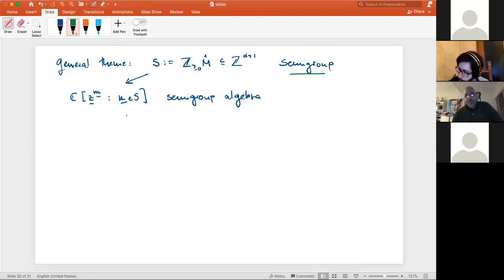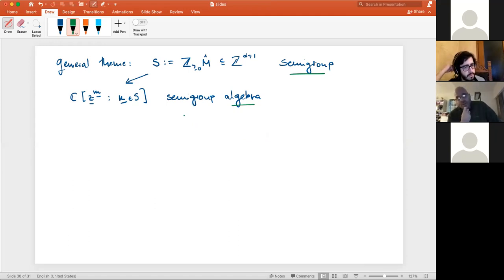Why these terms? Semigroup means we can add, because it's closed under addition. And algebra means we have a vector space structure. The vector space is like the space of all polynomials, but actually Laurent polynomials, because m might have negative entries, so these are Laurent monomials with certain monomials allowed to appear.